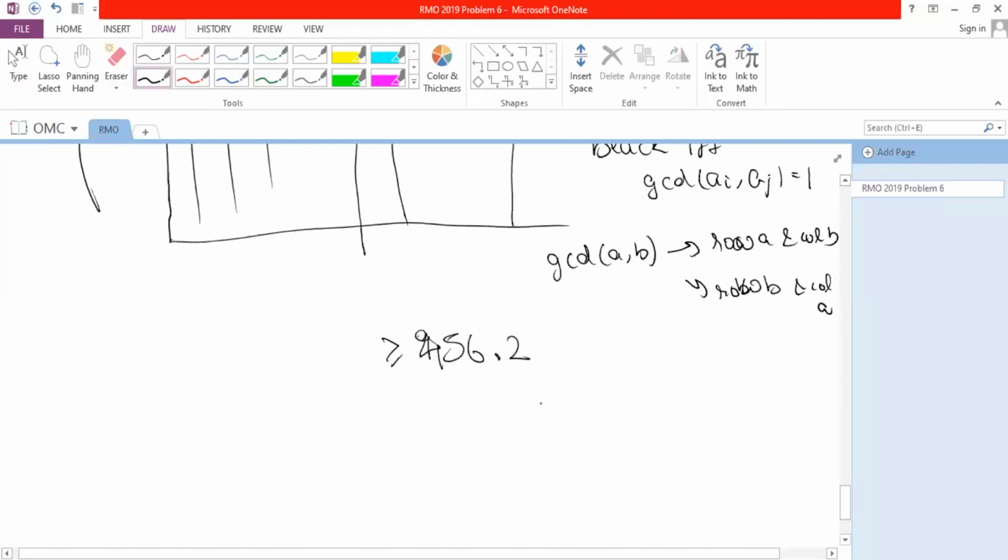Again, we will use that 456 is equal to 91 times 5 plus 1. So we have at least 91 times 10 plus 2 cells black.